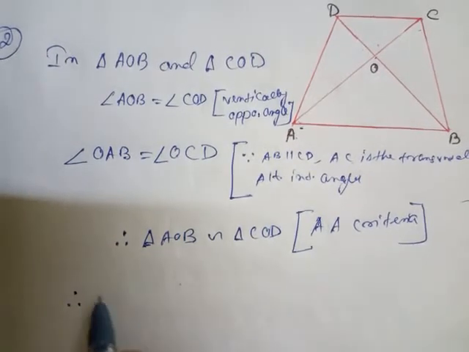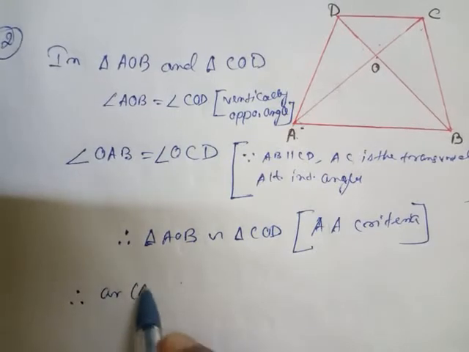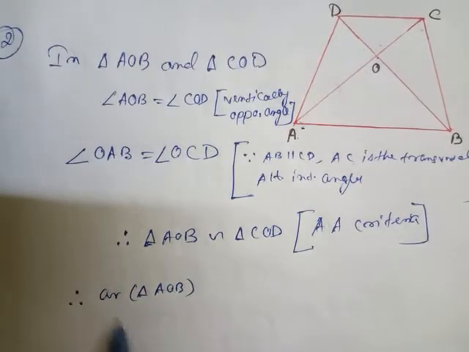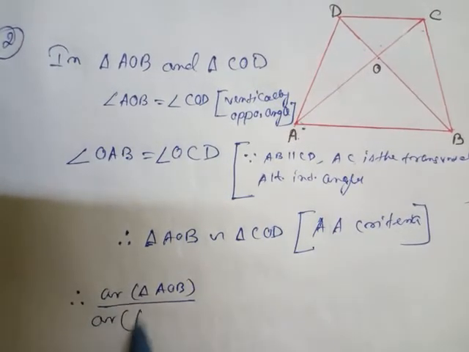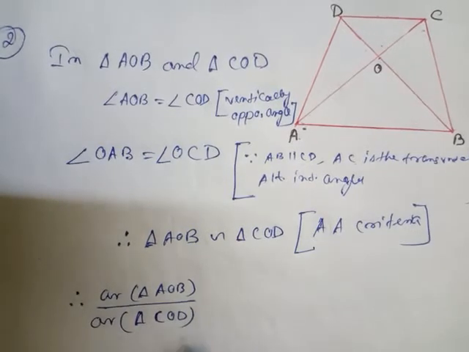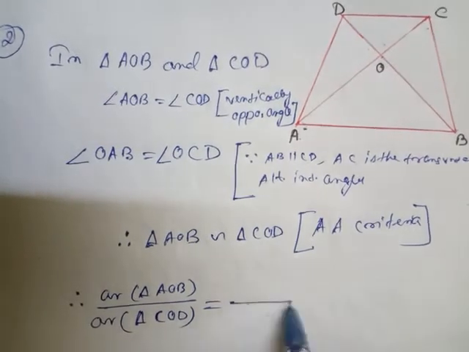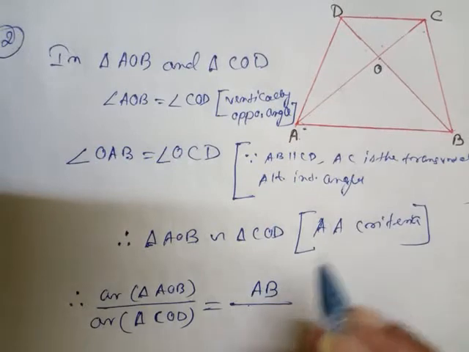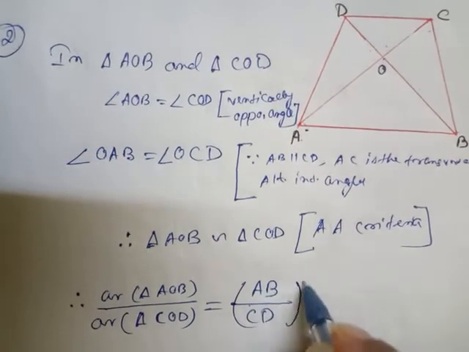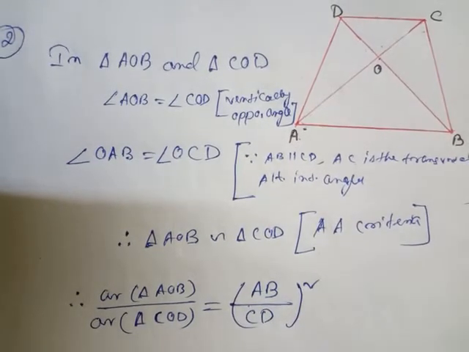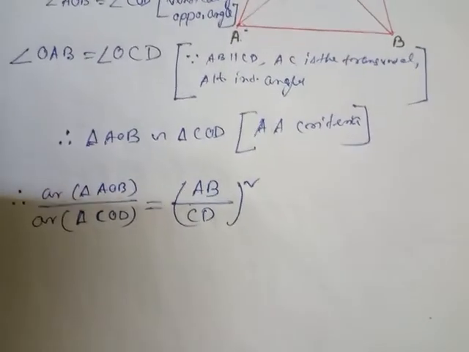Now look, area of triangle AOB by area of triangle COD equal to AB by CD whole square. The reason is the 6.6 theorem.